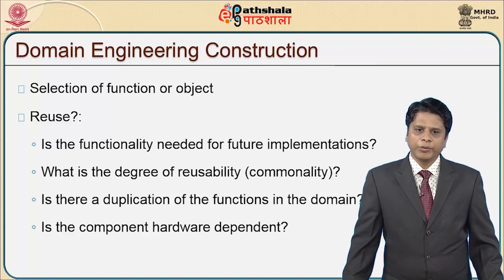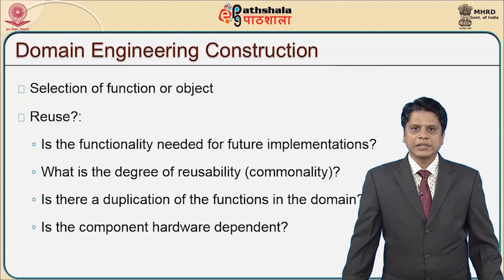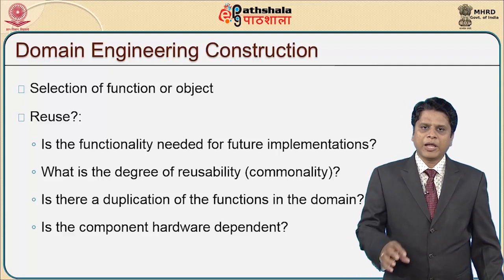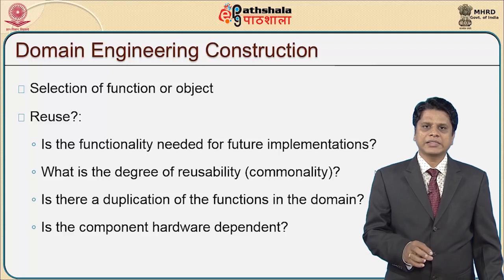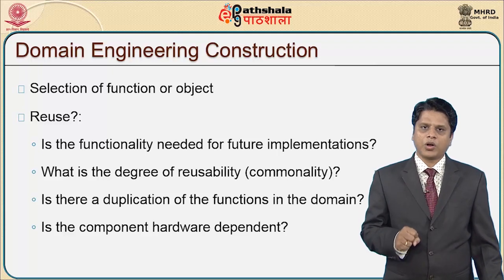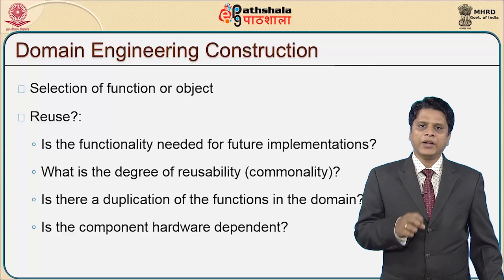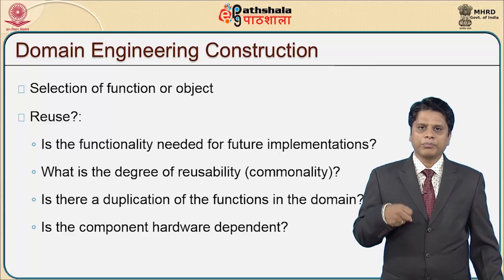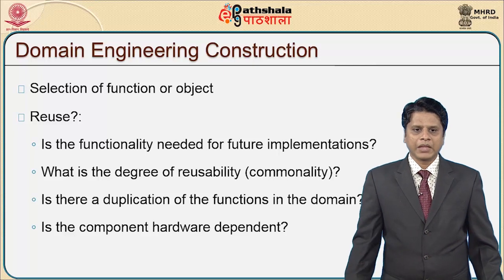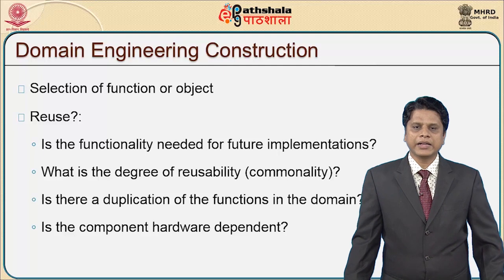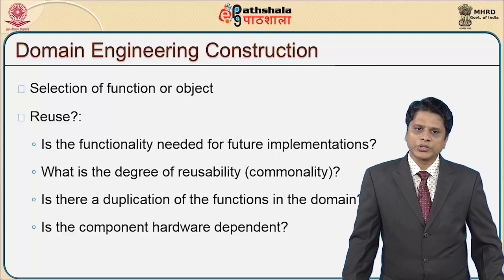Is there a duplication of functions in the domain? We need not create multiple application softwares for the same purpose. For that reason, we can utilize components which are already in use and make use of them directly instead of duplicating them on a different platform. Is the component hardware dependent? These are the questions that arise whenever we want to reuse software.